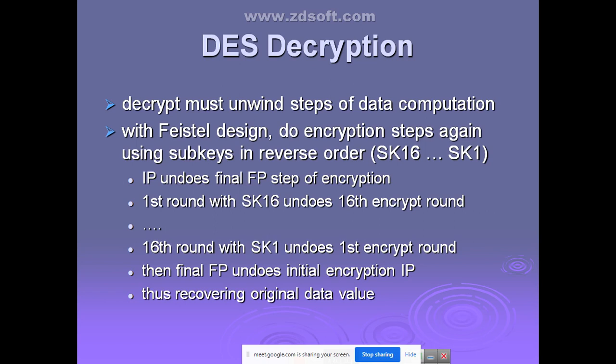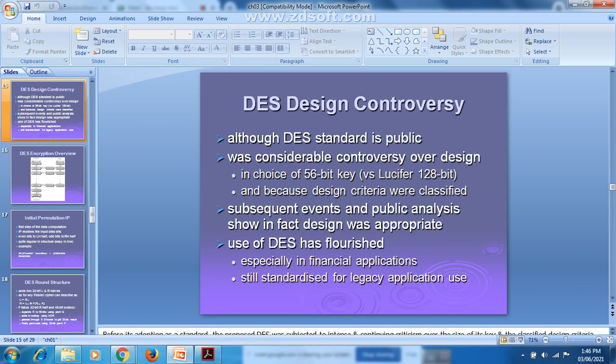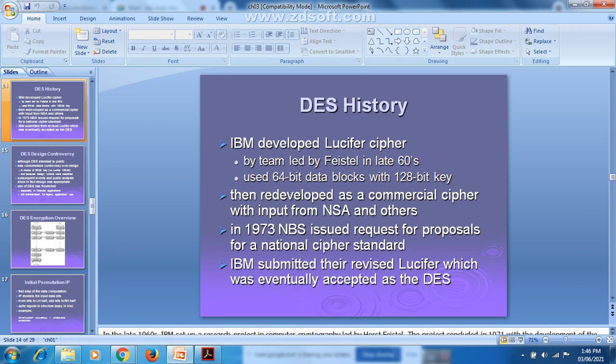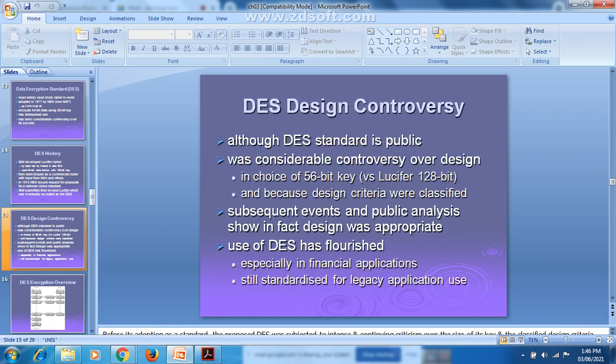Yes, just go through that. See that the IP enters the final steps of the encryption. The first round with SK16, that is subkey 16, enters the 16th encrypt round. Like this, if you perform, the 16th round will decrypt the first round of the encryption that you did.